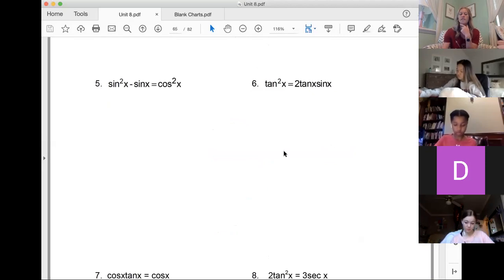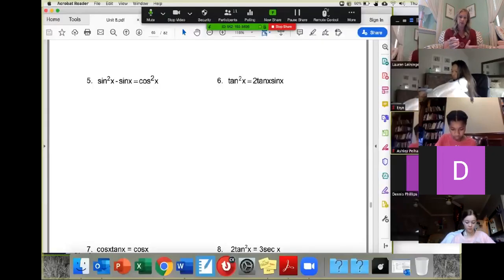All right, so question 6, while it's not in terms of the same trig function, all of it, I always kind of check first, like if there's a tangent squared and a tangent, if I move everything to one side, could I take out a greatest common factor before I start replacing things? So that's what I would kind of look at first on that one.